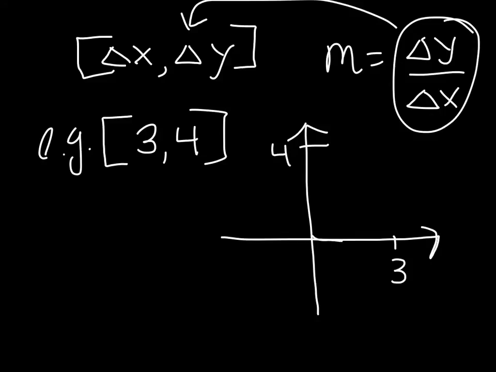So we go over 3, up 4, and we graph this vector. And so note that the vector actually starts from 0, 0 and moves to the point 3, 4. The vector is not the point. The vector, rather, is the directed segment from 0, 0 to 3, 4.